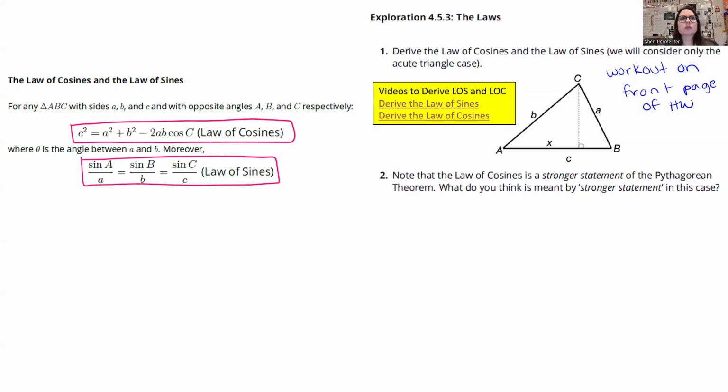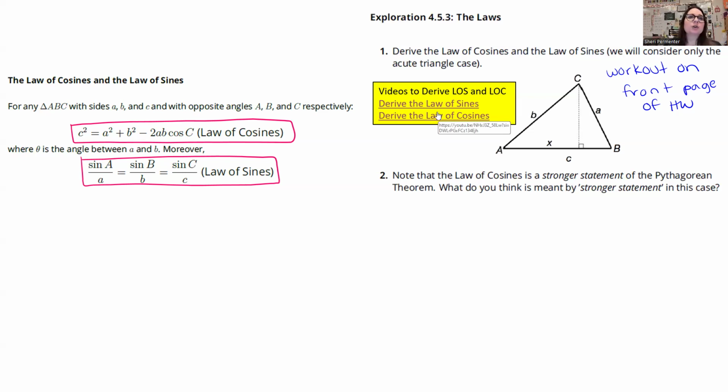To do the first two questions, the law of sines and the law of cosines, there are two videos, which I'll post in Canvas as an announcement with the video from today. These videos are both 2.5 minutes, so 5 minutes total for you to do the front page.